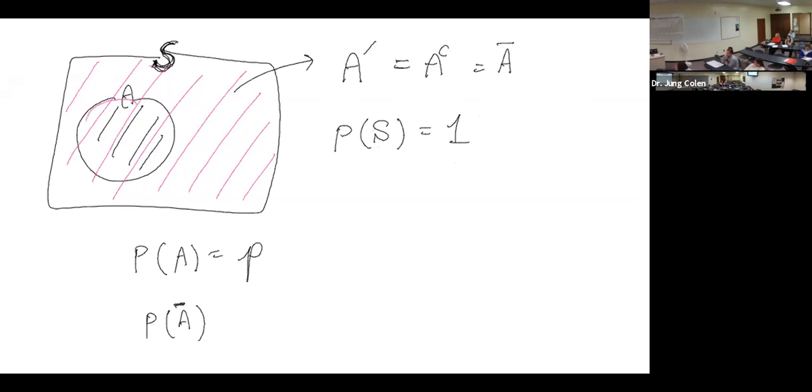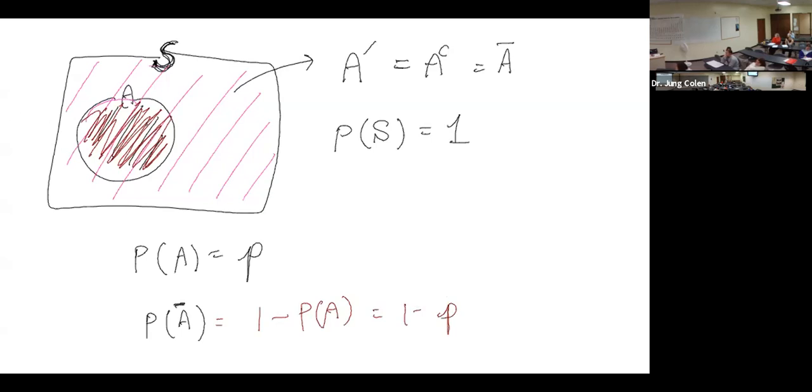If the probability of this part here is P, that plus the outside part should be what? 1. So how can we find the complementary part's probability? We can take away the probability of A, which is 1 minus P, right?